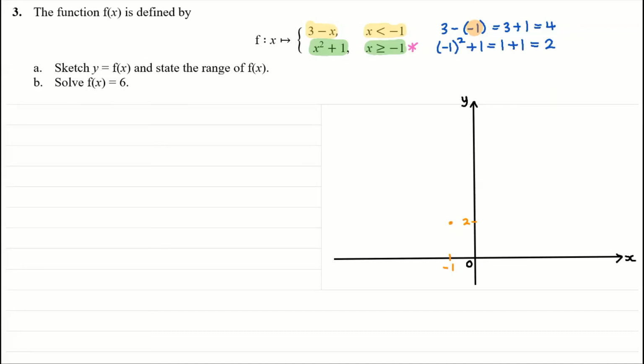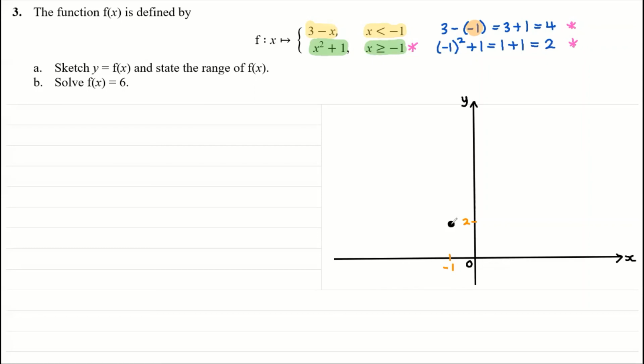So what I should do is, because I know there's a disjoin, and when I say a disjoin, it means this is not continuous because these two values are completely different. Okay, if this was a seamless transition from one rule to another, we should get the same value, but we don't. So this is a discontinuity. So I'm going to show that this point here is included by shading it in with a filled in black dot.